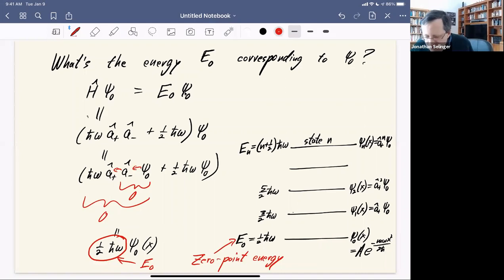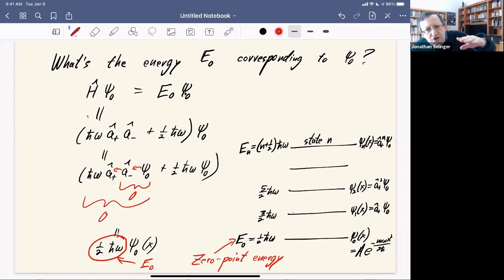And so this is telling us that in quantum mechanics, unlike classical mechanics, the lowest possible energy state is not energy equals 0.